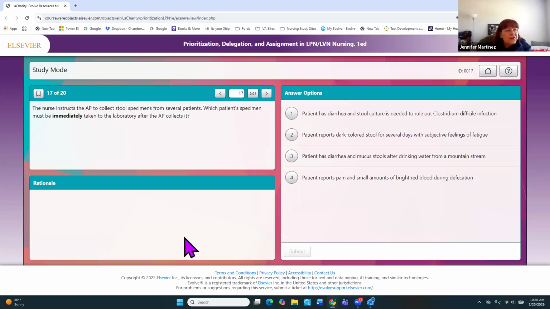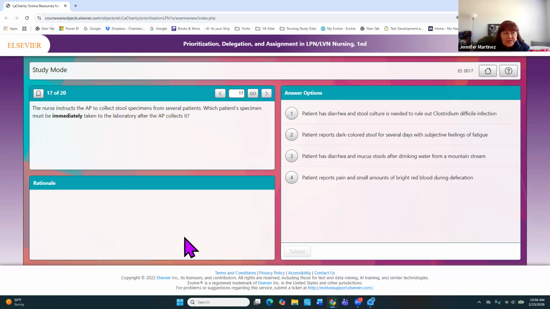All right. The nurse instructs the AP to collect stool specimens from several patients. Which patient's specimen must be immediately taken to the lab after the AP collects it? So, one, the patient has diarrhea and stool culture is needed to rule out Clostridium difficile infection.